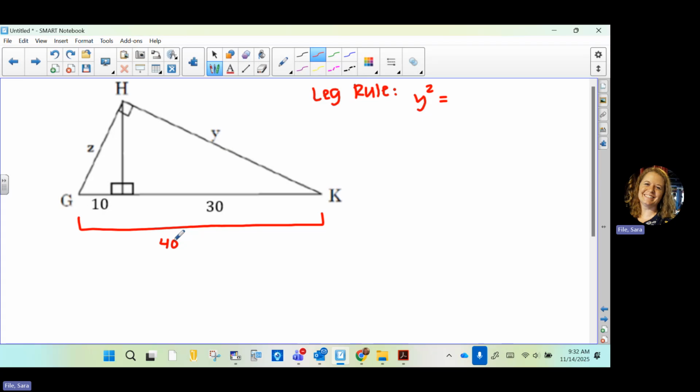Now the portion that corresponds to the Y side would be this piece, right? So how long is that? 30. So Y squared, the leg squared, is equal to the portion of the hypotenuse times the entire hypotenuse. So we would do 30 times 40, which gives us a really big number.